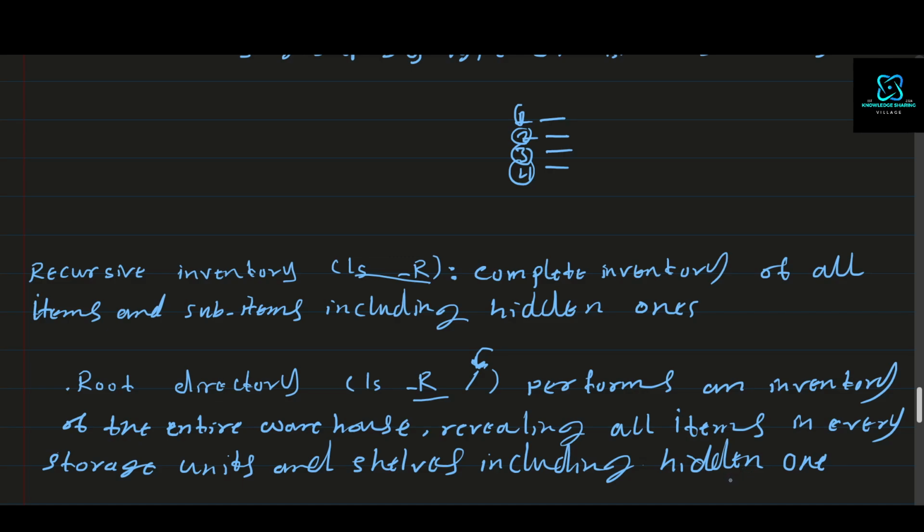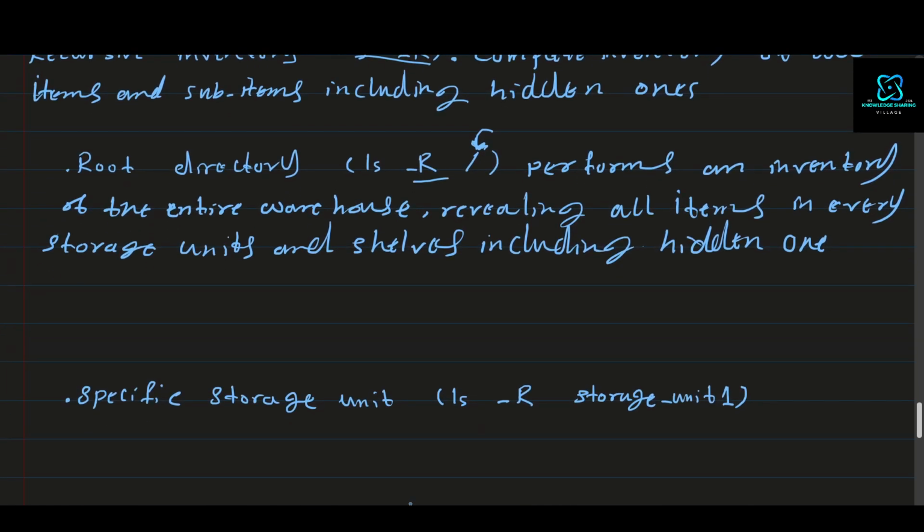But if you don't want to see everything in the warehouse, but you want to see everything that is in a specific storage unit, then you can use it with the argument being the name of that storage unit. So here you will perform an inventory of that particular storage unit.